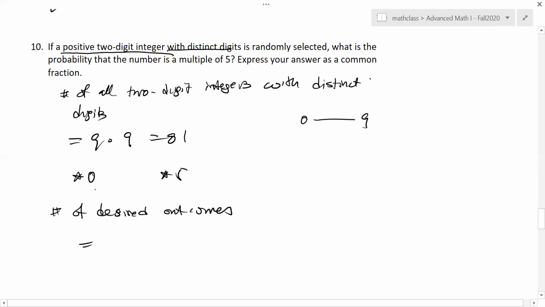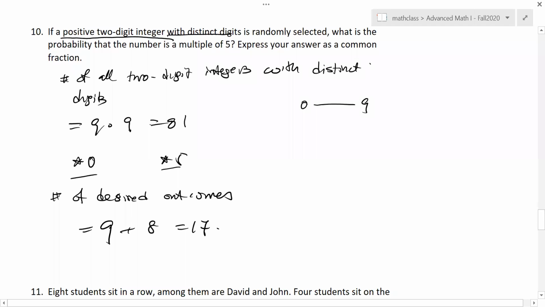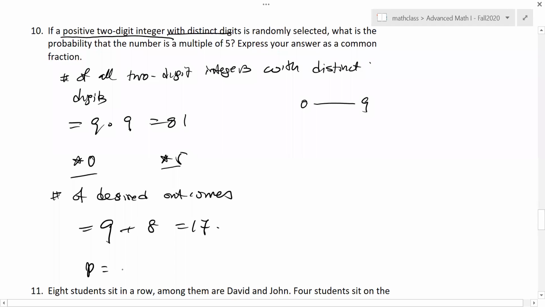First of all, if the last digit is 0, from 1 to 9 you have 9 choices. If the last digit is 5, I cannot put 0 in front, and I cannot put 5 there, so delete the 0 and delete the 5. You only have 8 choices. That's 9 plus 8, which is 17. So the answer is 17 over 81.